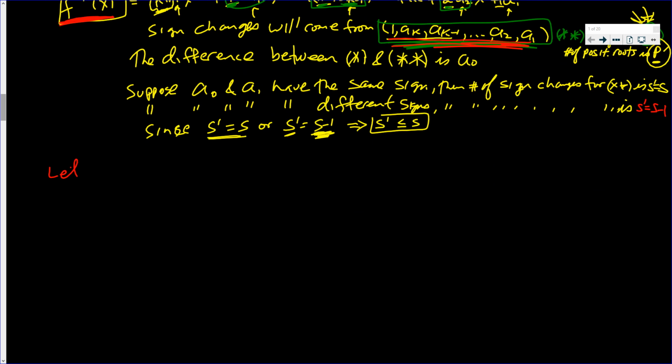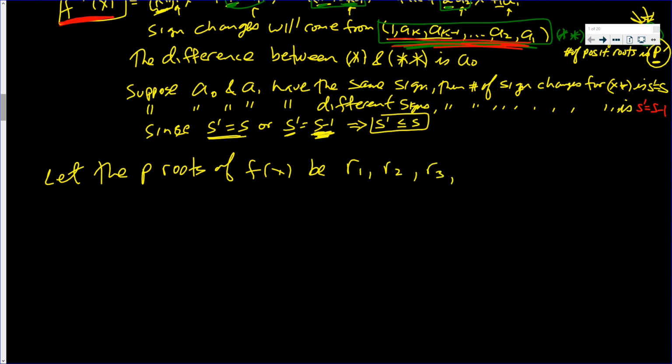Let the p roots of f of x be R1, R2, R sub 3, all the way down to the pth root. So let's just label them. And suppose we put them in order: R1, R2, R sub 3, R sub 4, all the way down to r sub p.